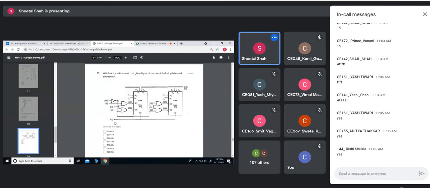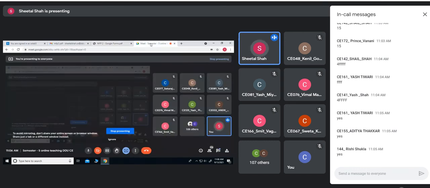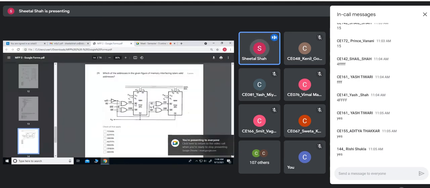When the A18 pin is 0, these two RAMs would be selected. Do you agree, all of you? A18 is connected to that, and because it is CS bar, when this pin is low, these two ICs would be selected.